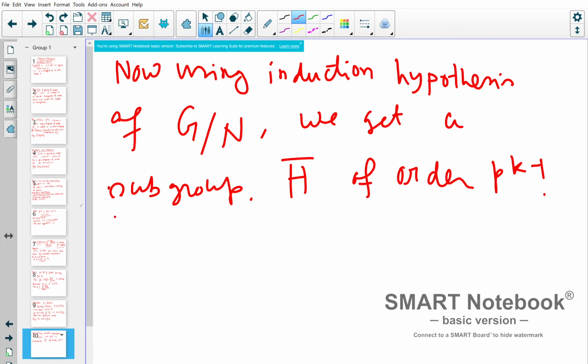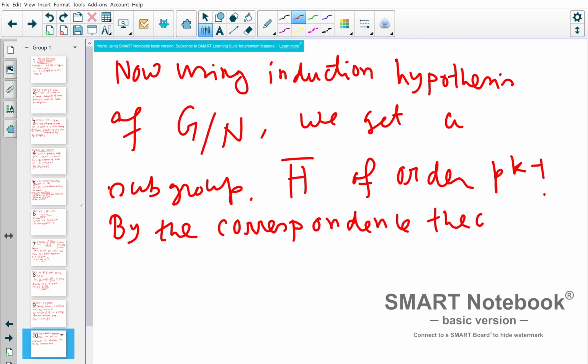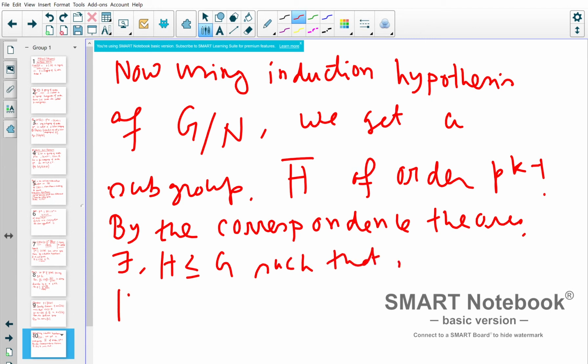So by the correspondence theorem, there exists a subgroup H of G such that H bar equals H mod N, right? That contains N, right?